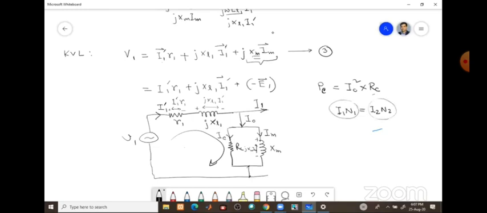So only in this MMF balance equation does I1 have some role, and the rest of its role is when I1 is embedded within this I1 prime. So there will be some voltage drop due to that. Otherwise, only I1, if I consider, has some role in MMF balancing, isn't it?